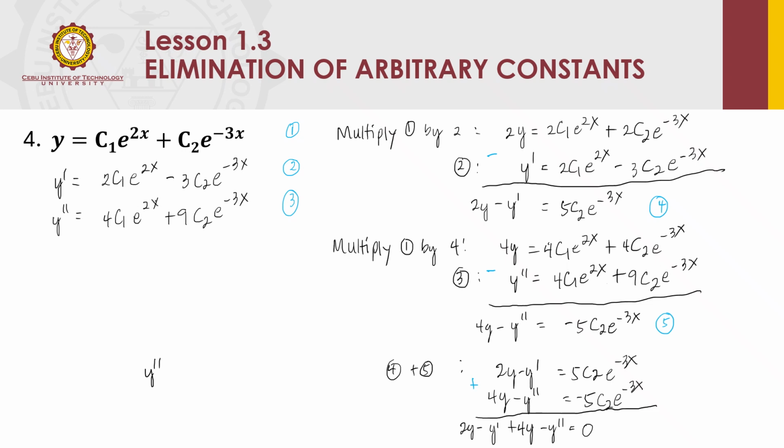So we have plus y prime and then 2y plus 4y, which is 6y, multiplied by negative 1. So that's minus 6y equals 0. So this is our final differential equation.